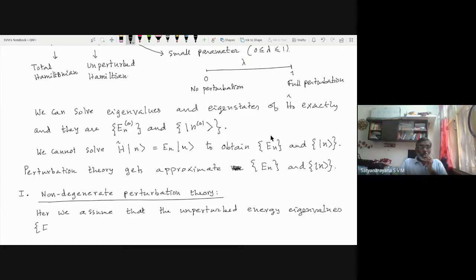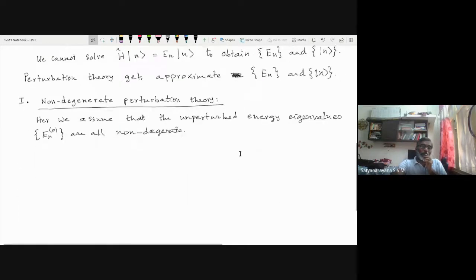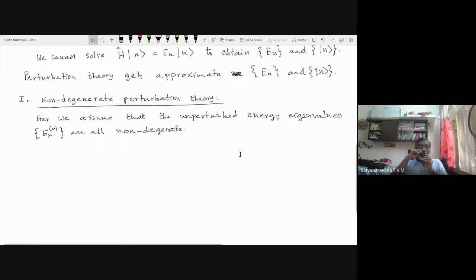They are denoted as En0, are all non-degenerate. There is no degeneracy. That is the assumption. So you may say that this is a very severe restriction, but first let us develop a theory for the non-degenerate case. That means all are non-degenerate. That means for every eigenvalue there is only one eigenfunction.